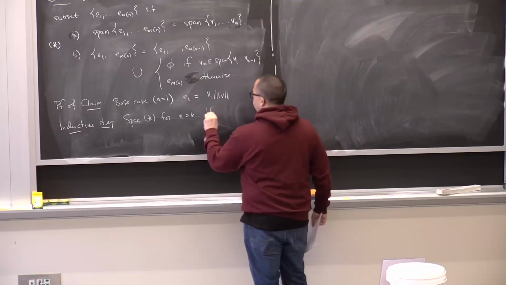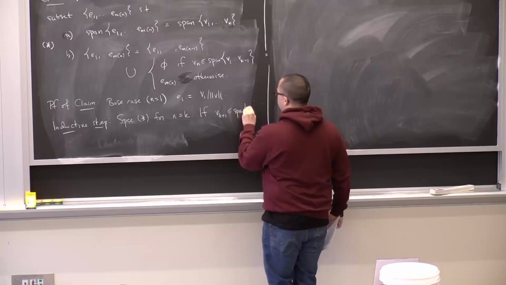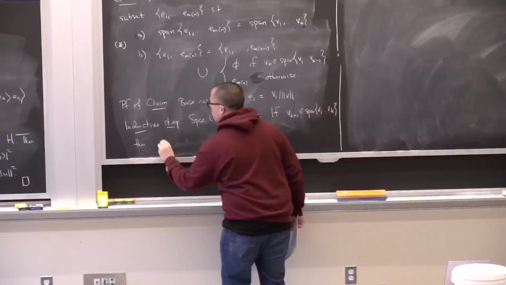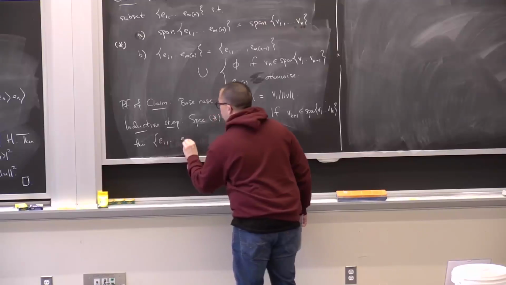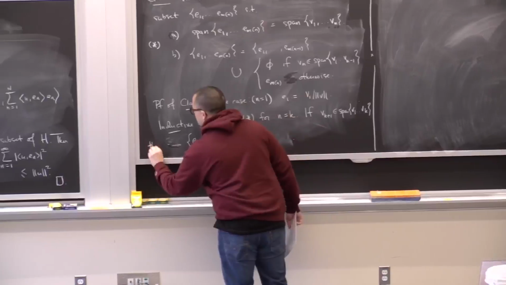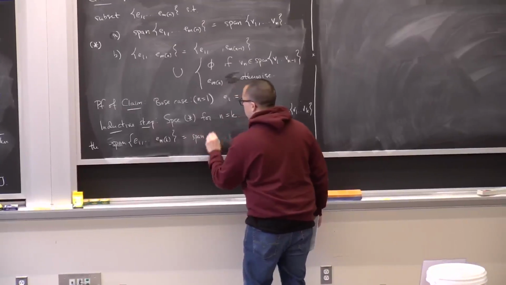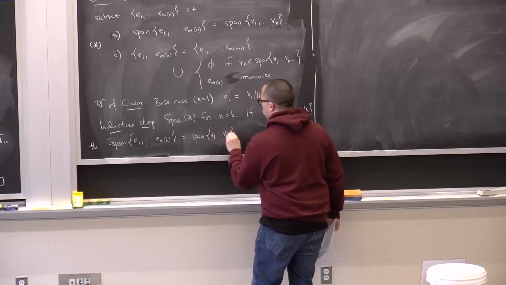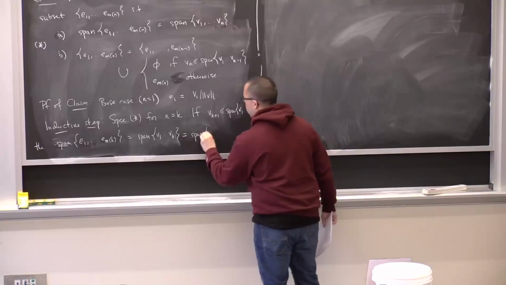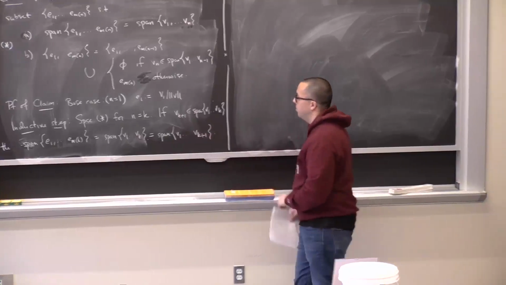So if V_{k+1} is in the span of V1 up to Vk, then the span of E1 up to E_{m(k)} equals the span of V1 up to Vk, which, because V_{k+1} is in this span, is also equal to the span of V1 up to V_{k+1}.